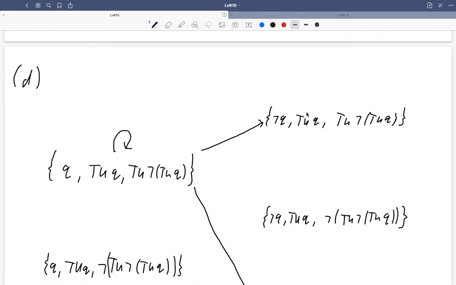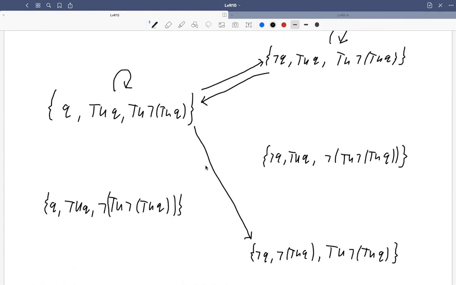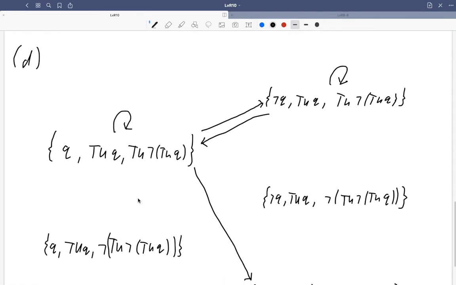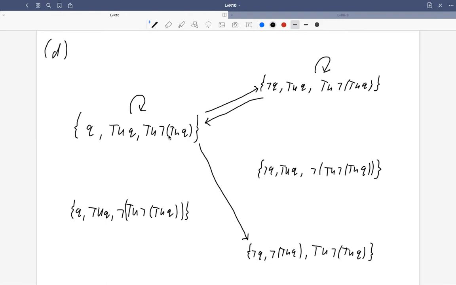So we can move to any state in which this formula, true until Q, and this formula are both in the state. Again, we can move to ourselves, and in this case back to this one. These are the only two states that have both until operators not negated, so we can't move from this to anywhere else.